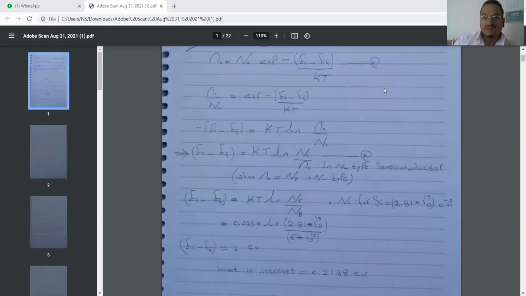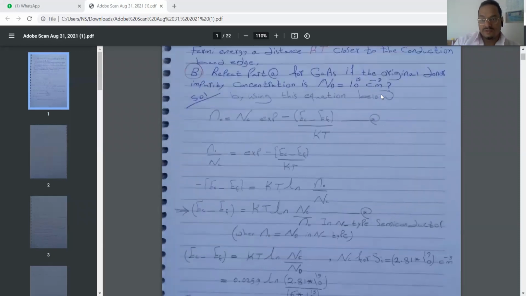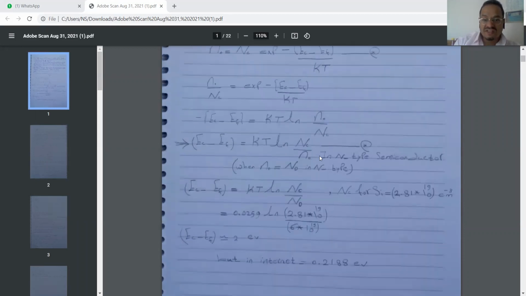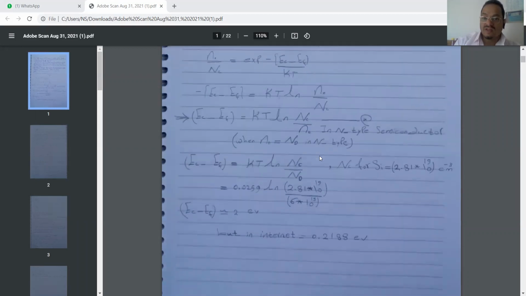Here, like I said before, the author said it is doped with donor impurity atoms at a concentration. That means here we are dealing with n-type doping.